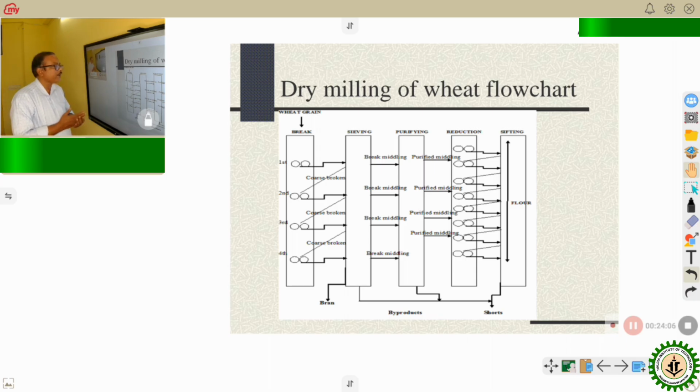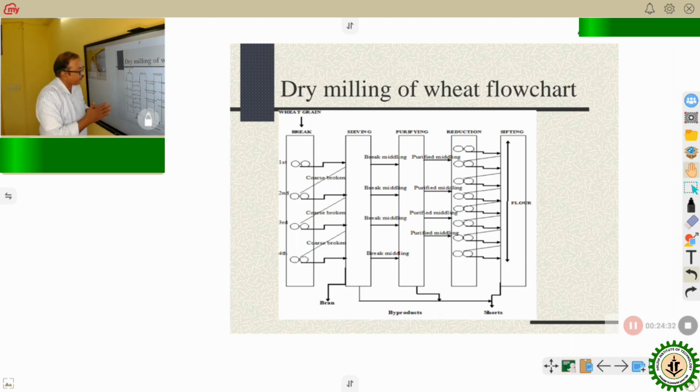The smaller the size of the particle in succession when grinding takes place, the higher is the separation of the bran. So bran is not separated at once, it is separated gradually from beginning to the end of the flour milling operation, which includes the break roll operation as well as the reduction roll operation.